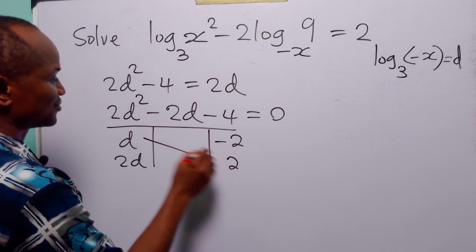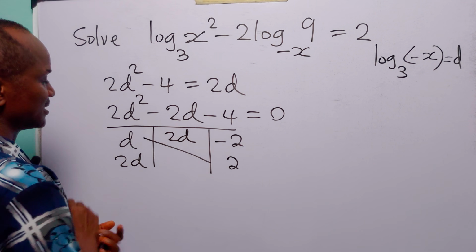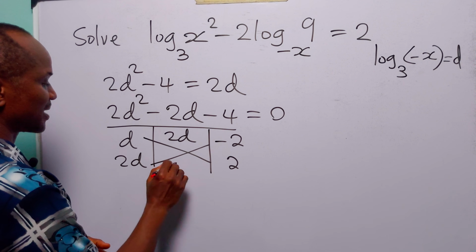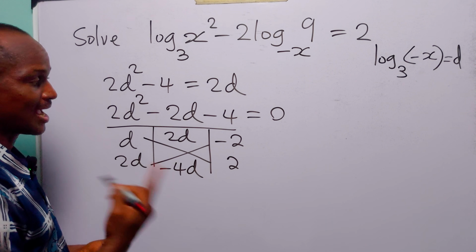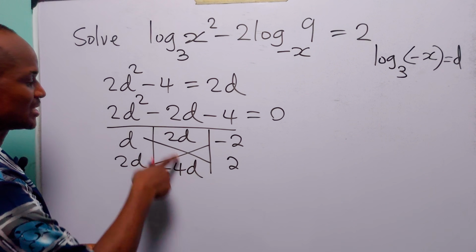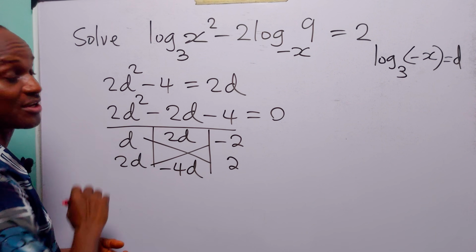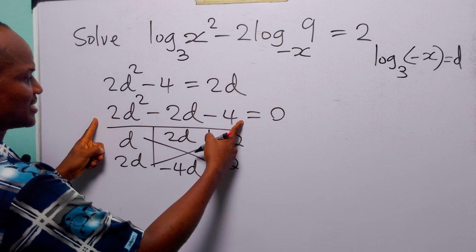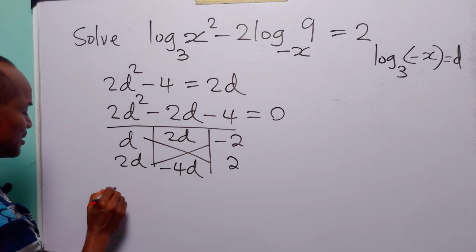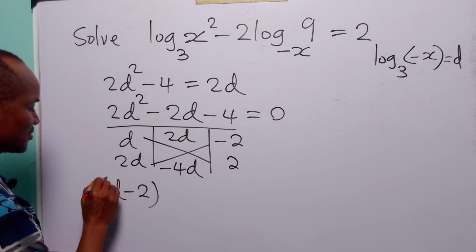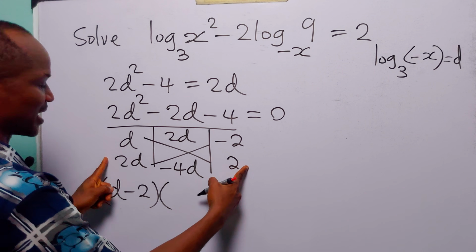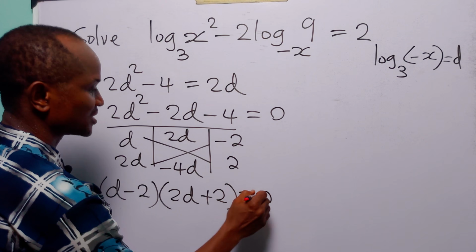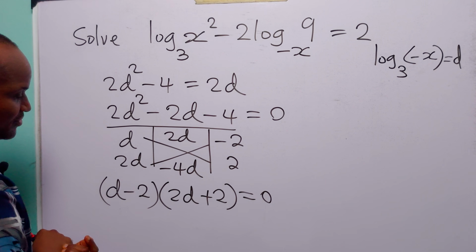Now, d times 2 is going to give us 2d, while 2d times minus 2 is going to give us minus 4d. And of course, minus 4d plus 2d is going to give us minus 2d. That means that when we factorize this left-hand side, we have d minus 2 multiplied by 2d plus 2, and of course this is equal to 0.